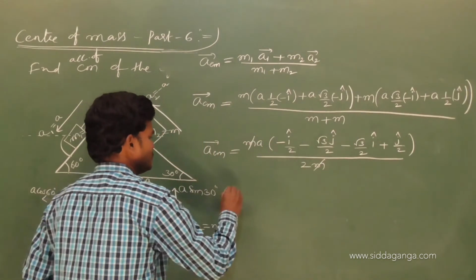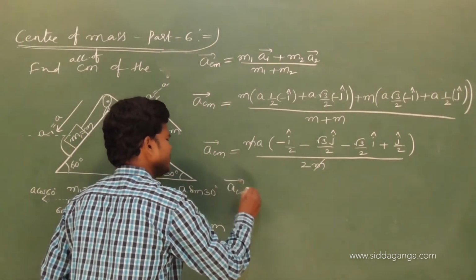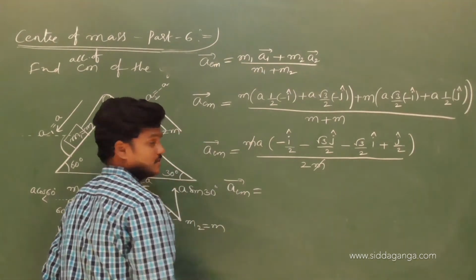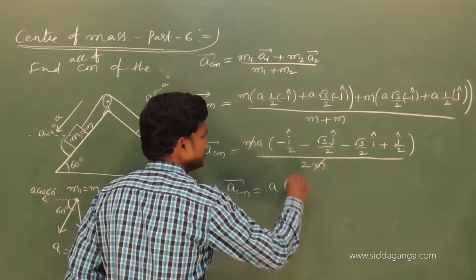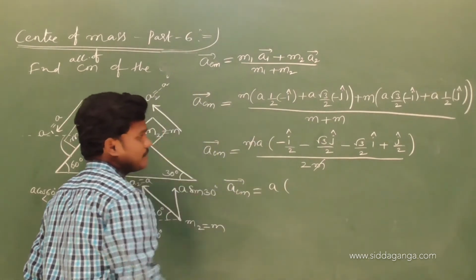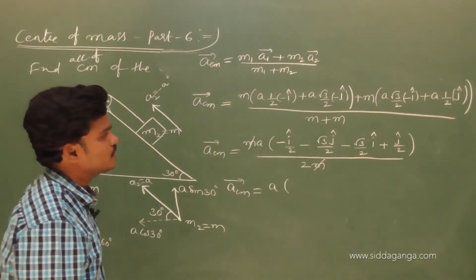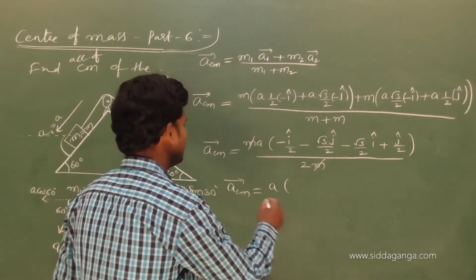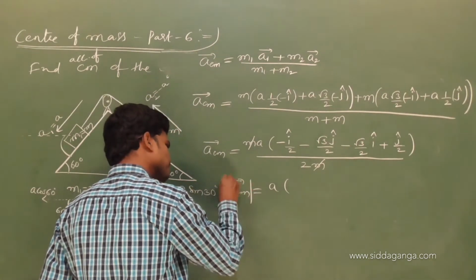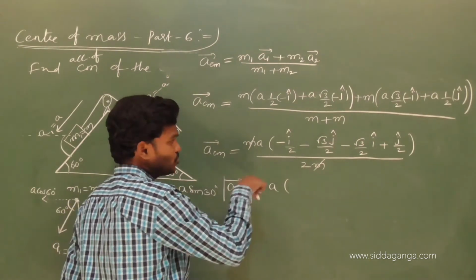Okay, so ACM bar, acceleration of center of mass, is A into I cap by 2 root 3 j cap by 2 root 3 I cap by 2 j cap by 2. Better you can go for the magnitude. Root of whole.